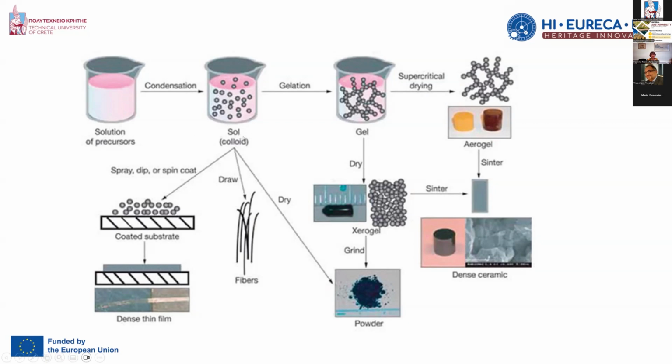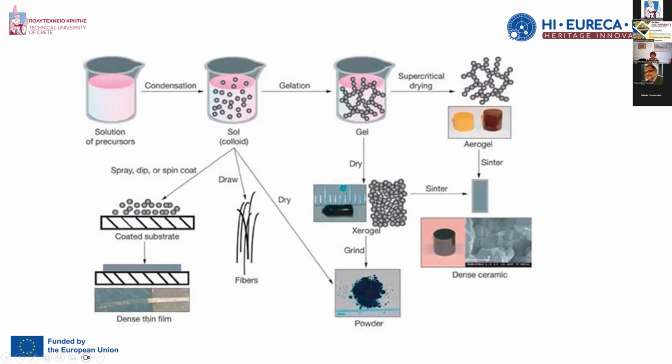Here from the colloidal sol, we can also have fibers. We can also have powder with drying again, and of course this colloidal solution can be applied for coating different substrates, and then it can produce a dense thin film.